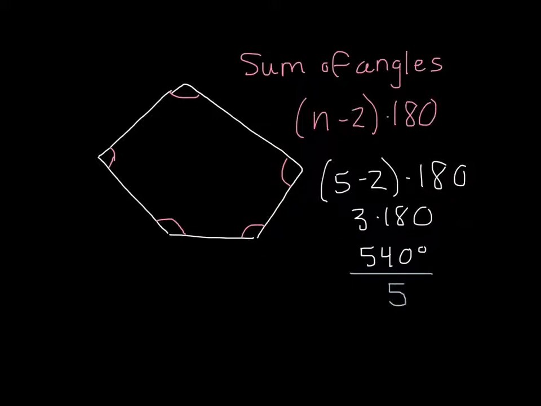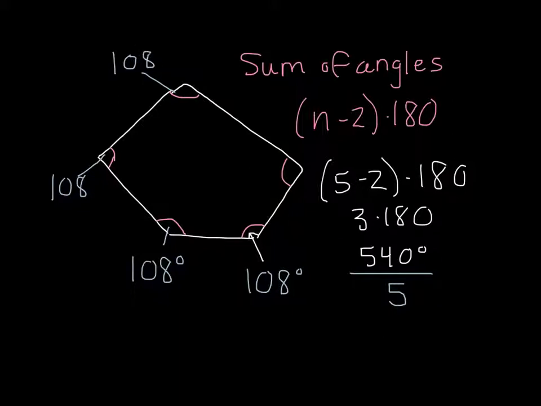So I could divide by 5, and I would say that the measurement of that angle would be 108 degrees. So that would be 108, 108, 108, 108, and this one here would be 108 degrees.